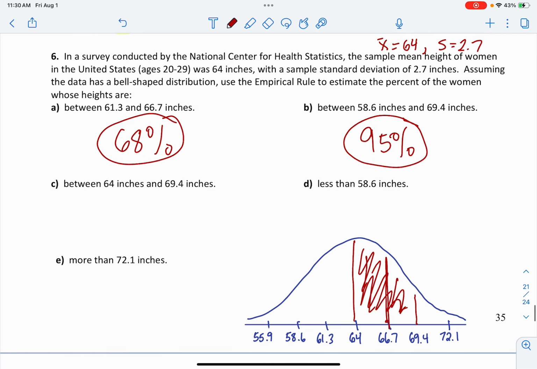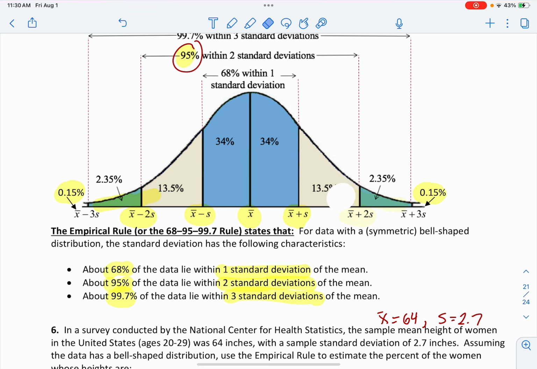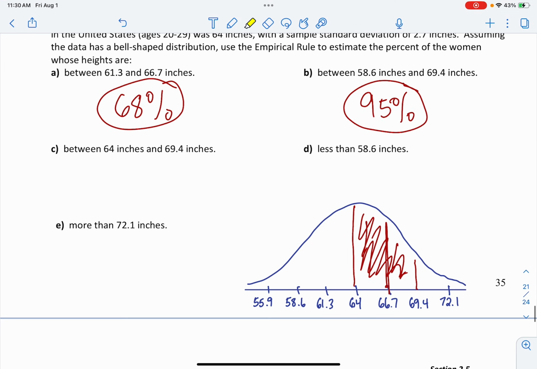So look back up here, and maybe we can erase some of this clutter. What I'm referring to now is these 2, and that's going to be 34 plus 13.5. So I can work that out. 34% plus 13.5% equals 47.5%.